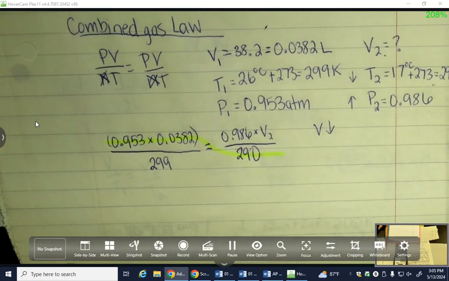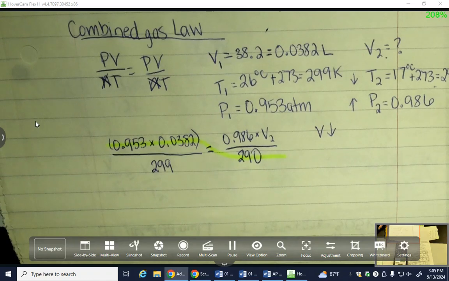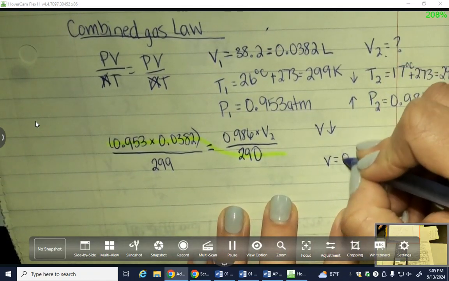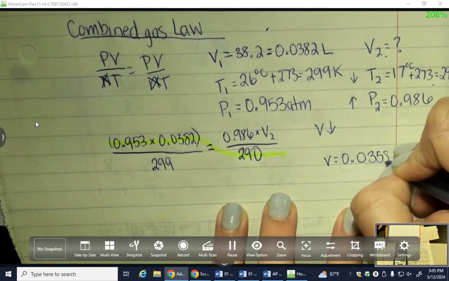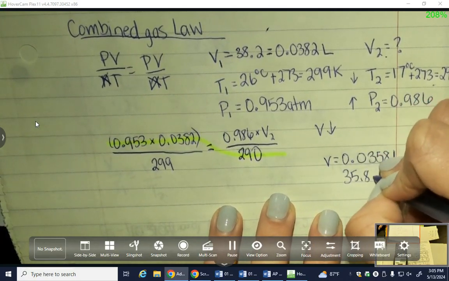I would make sure that you can get to this answer, because the only way you'll know whether you're having issues or not is by trying it. You want to be getting to 0.0358 liters, or 35.8 milliliters.